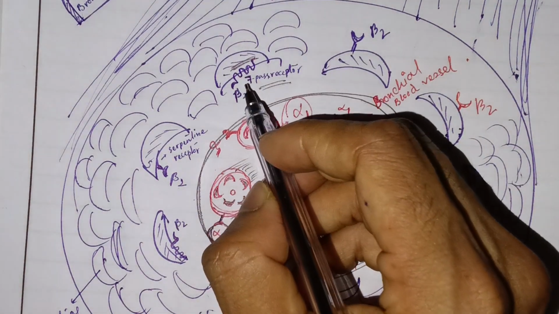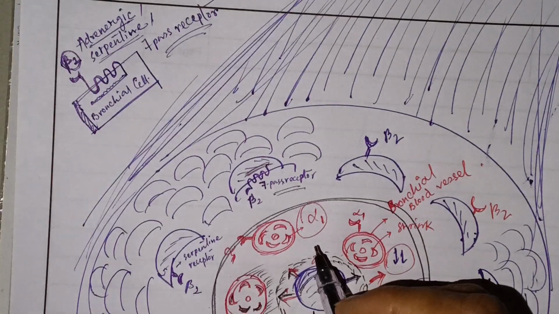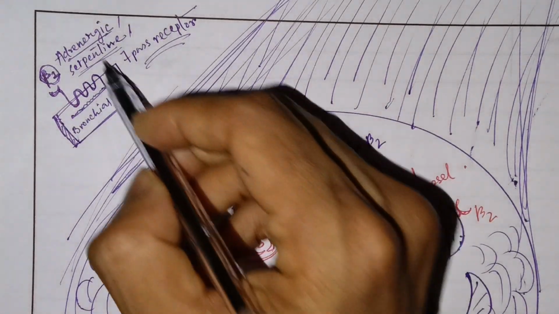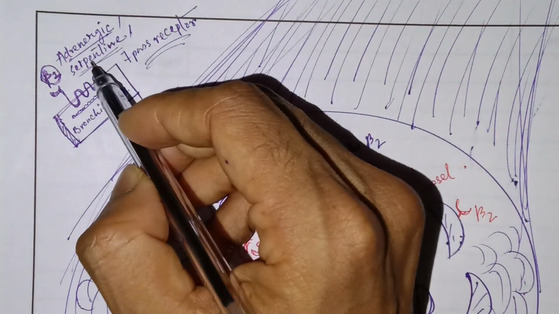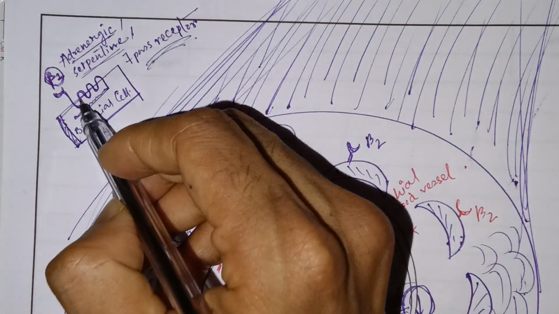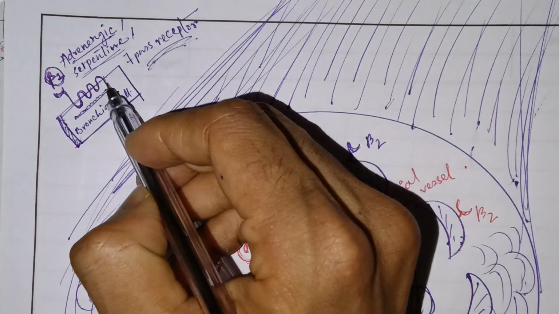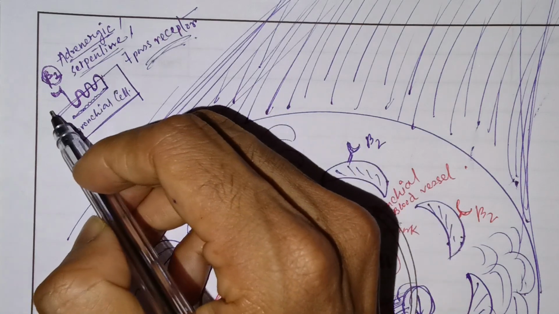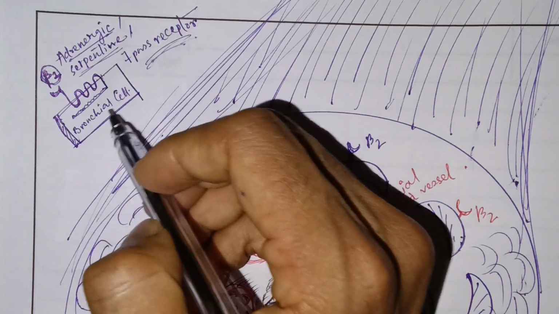And it looks like a snake, so they are also called serpentine receptors. Okay, thank you.